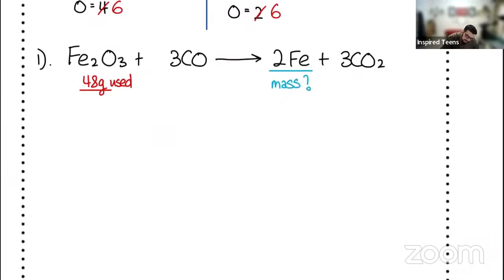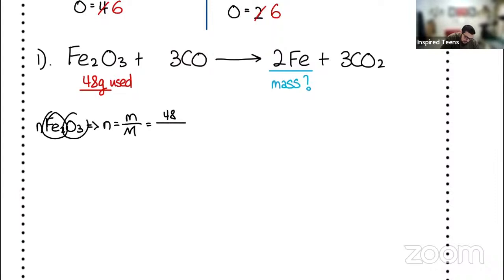This is how you should label your work. The moles of Fe2O3 can be calculated by using n is equal to small m over big M. You can always use this formula provided you have one piece of information, because big M is always known. Small m is 48 grams. It's always in grams. And big M is the molar mass, which you get from the periodic table.